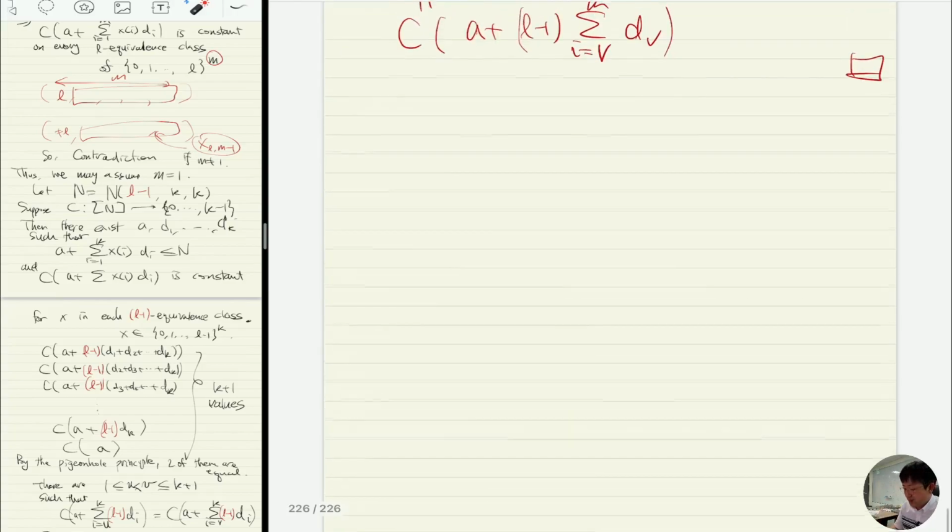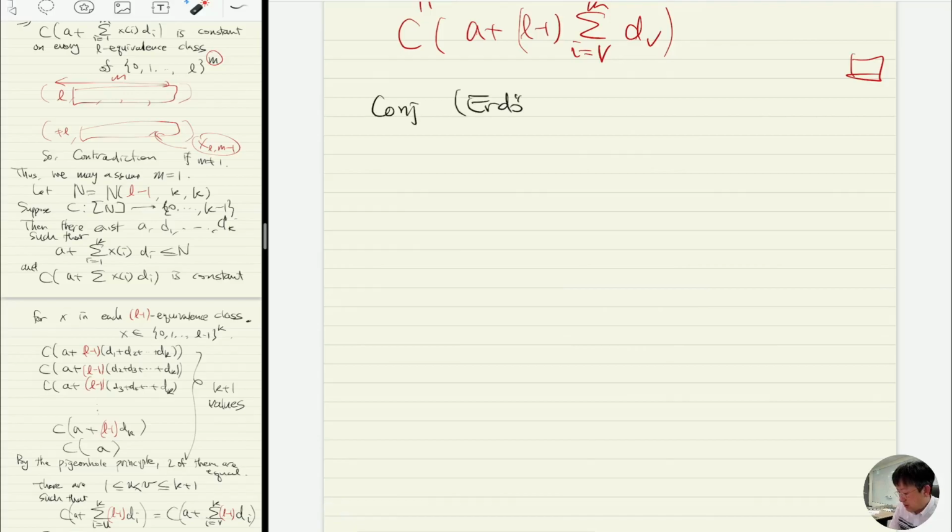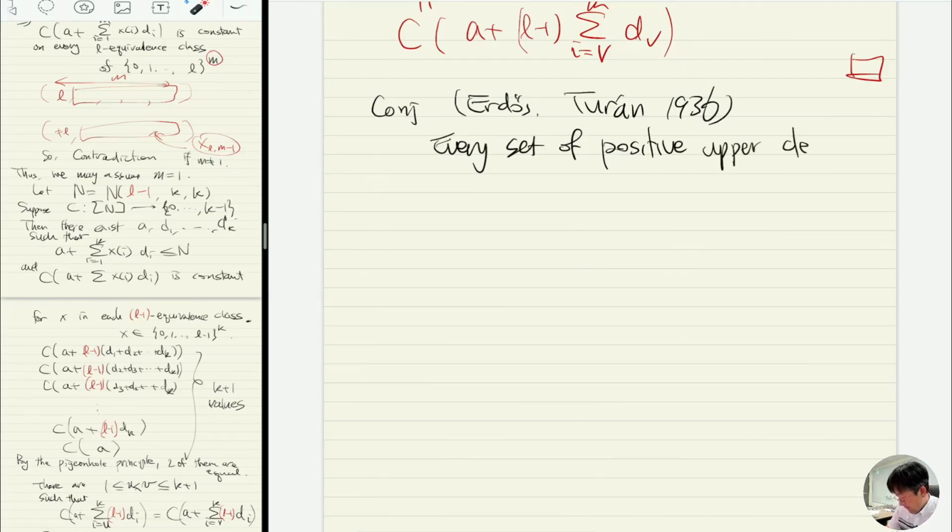So on a related problem, here's a conjecture by Erdős and Turán in 1936 that every set of positive upper density... So what is positive upper density?